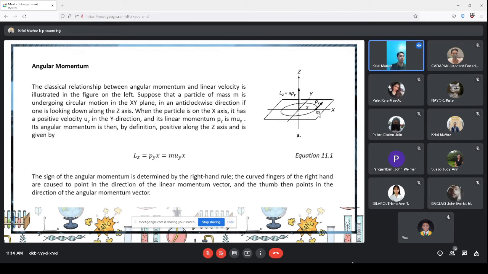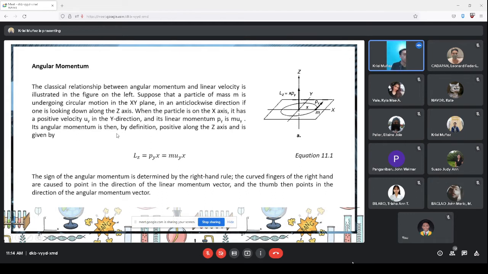So for example, for this direction of rotation, if your particle happens to lie on the x-axis, its direction would be parallel to the y-axis. Its linear momentum is p_y, which is mu_y.